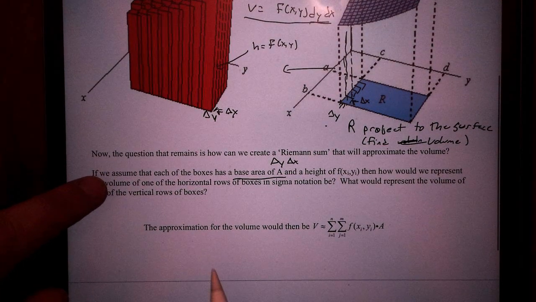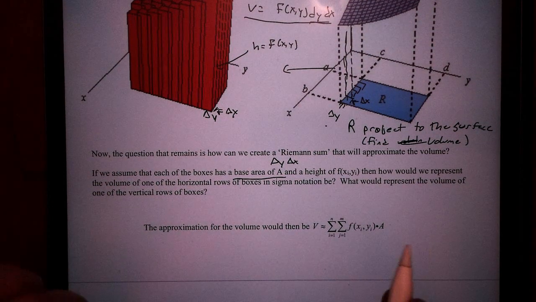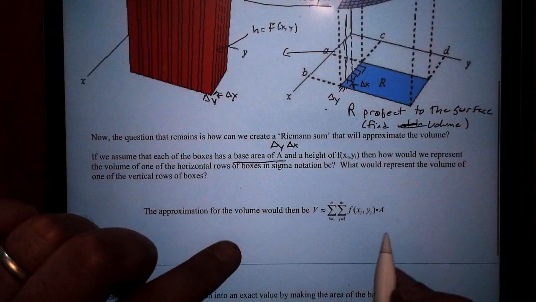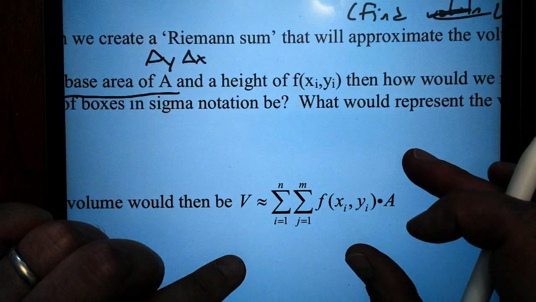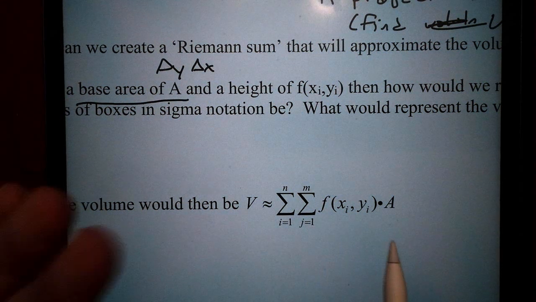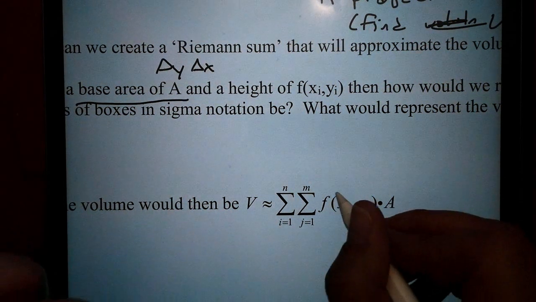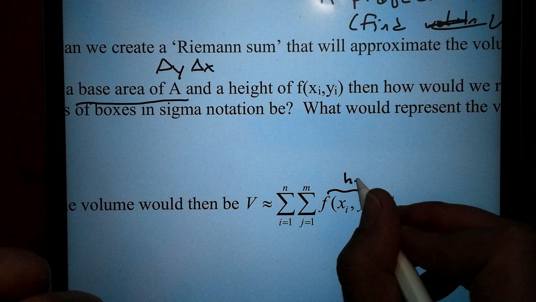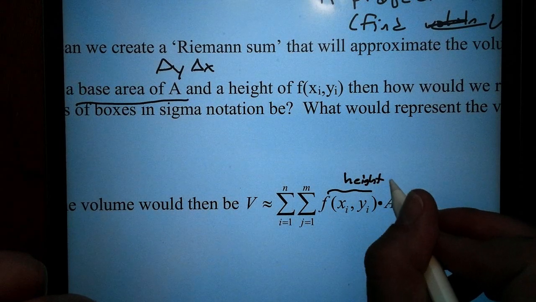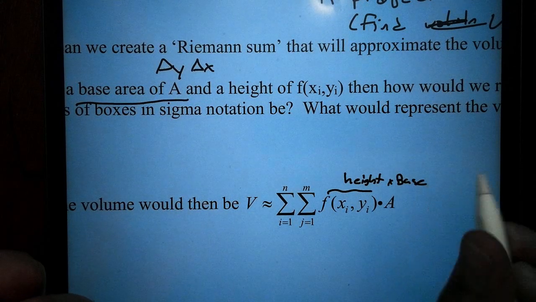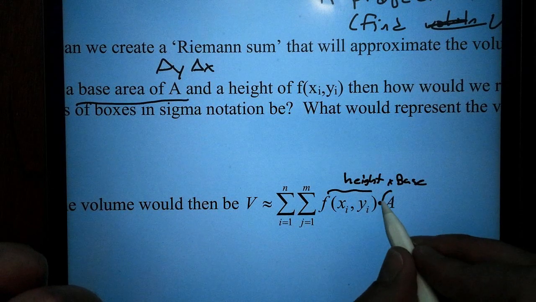To get the approximate for the volume, we would do this. Our sigma notation, just like our area problem, would be the height of our function times the area of our base. Now remember, A is special for us.